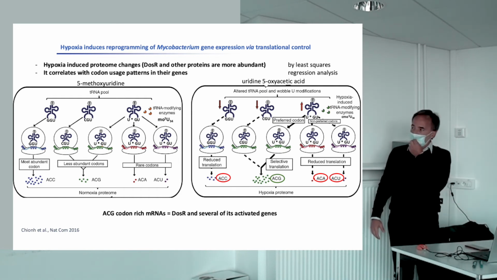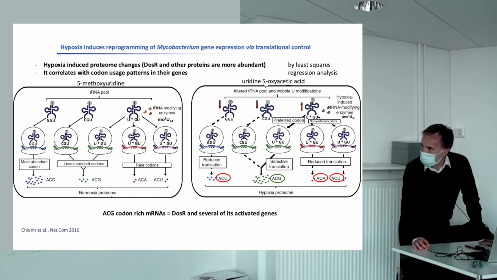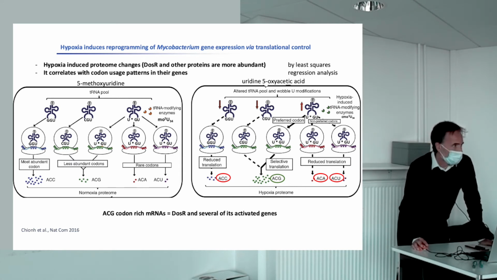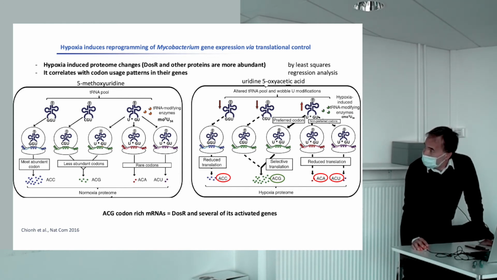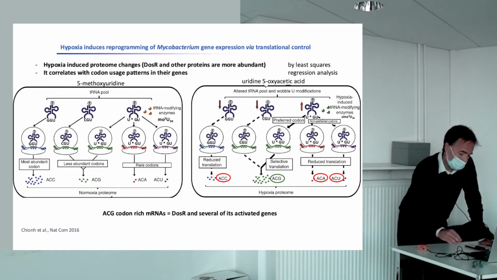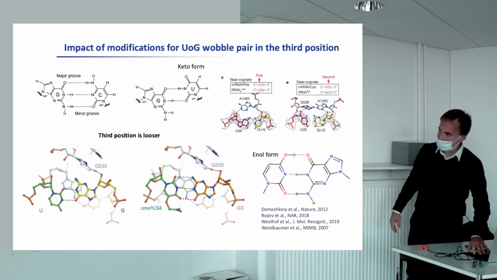Okay, and this is the same that we have observed before, just to remind you that this modification is probably inducing this enol form, and so the ability, I just go back, the ability to translate the G here. The modified uridine, the uridine 5-oxyacetic acid, can have a very stable interaction with the ACG codon. And we have here the explanation why, that I explained to you just before.